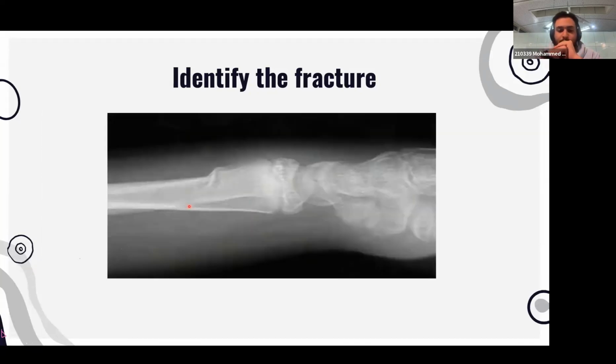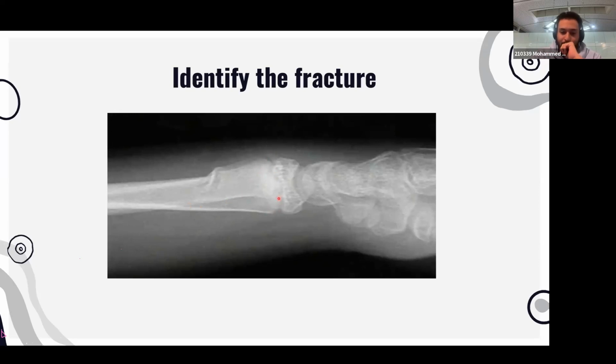Now this fracture, can someone identify this fracture? Torus fracture. What's another name of it? Buckle. What age group does this affect? Kids. One of two fractures that can happen in kids, and it's important to remember that.